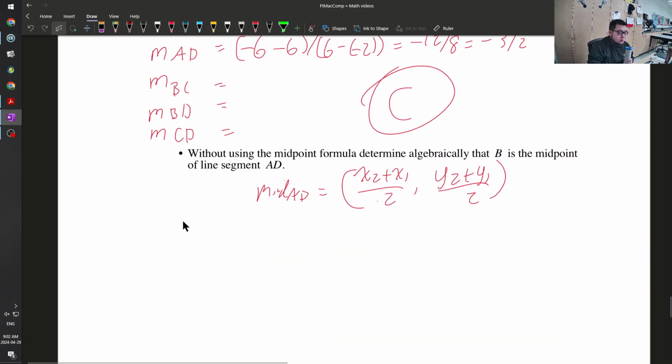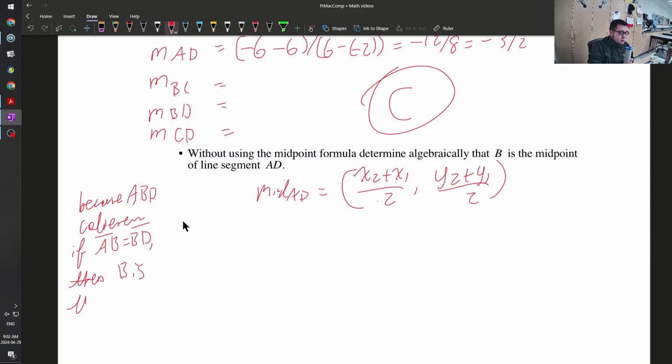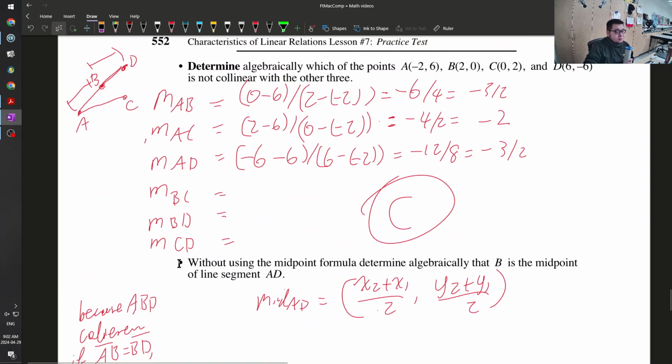So because A, B, D are collinear, I'm not going to spell it, if AB is equal to BD, then B is the midpoint of AD. Okay, let's find out the length of AB.